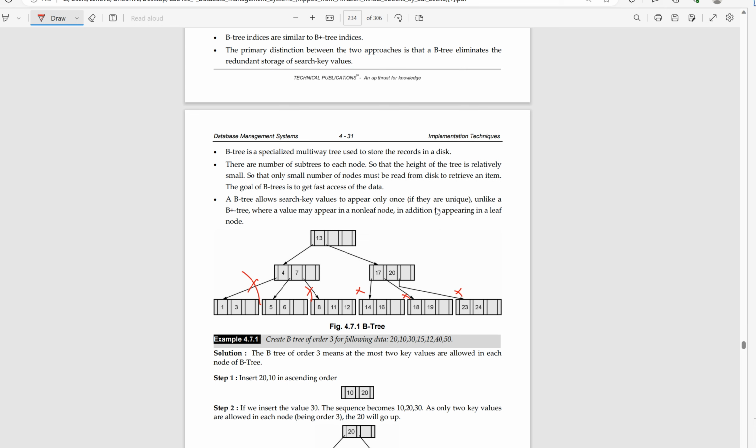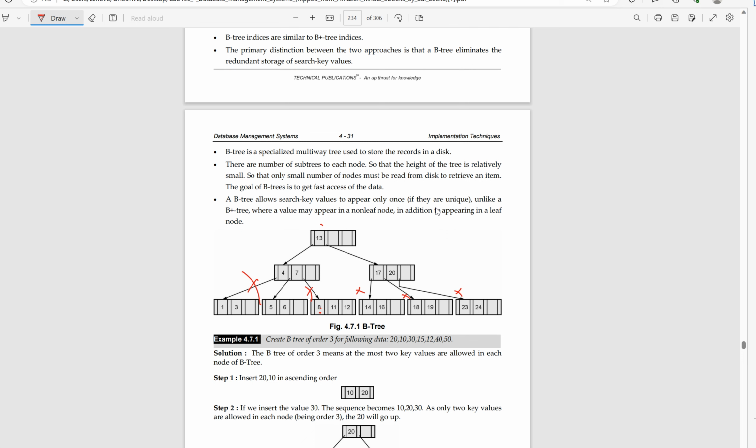It's just like a normal binary search tree in which the values are dispersed among all the nodes. If you want 8, you have to come here from 13, then come here, and then go greater than 8.